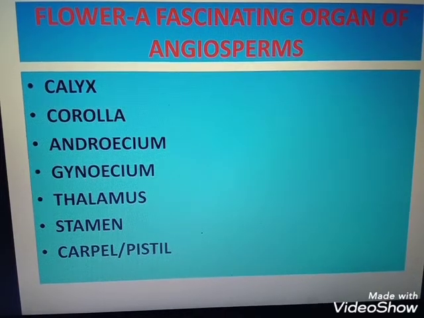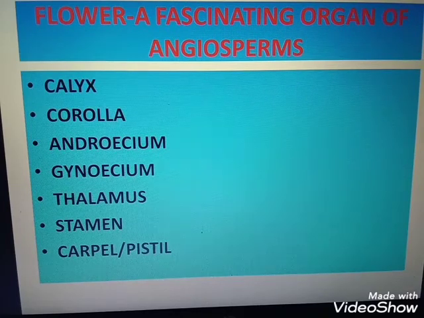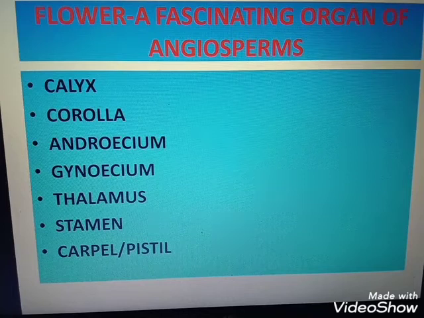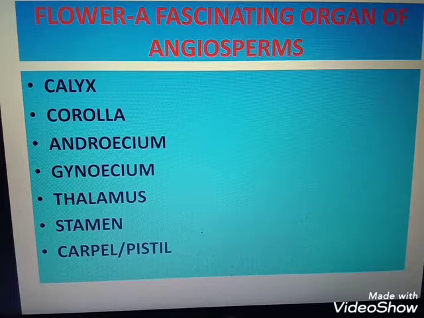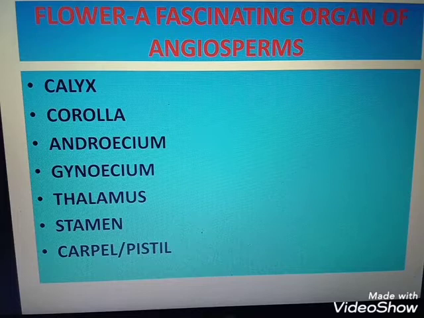The answer is that the exine of the pollen grain has an outermost hard layer composed of a chemical, sporopollenin. It is highly resistant to high temperature, strong acids and alkali. So pollen grains are obtained as fossils.